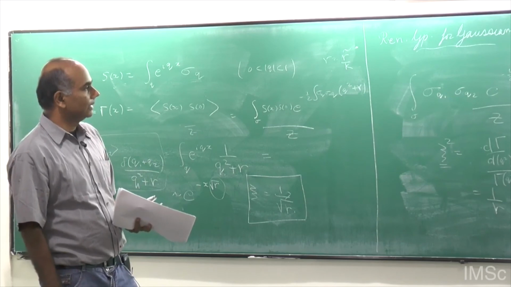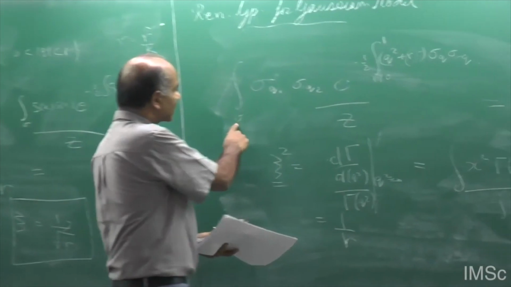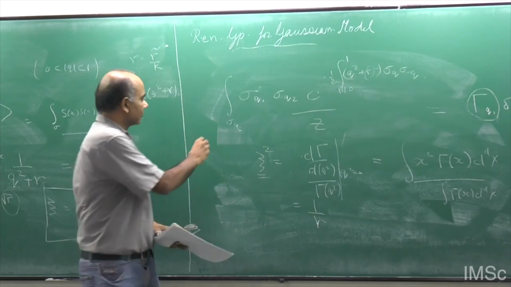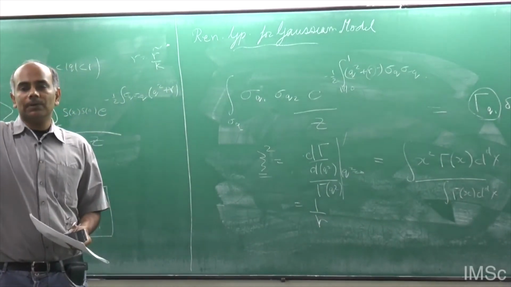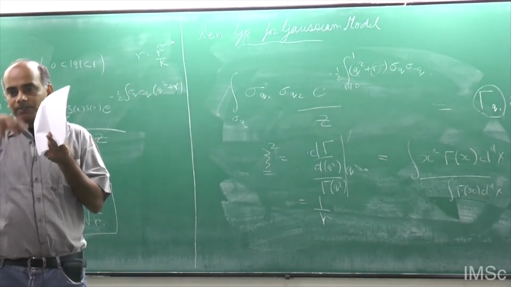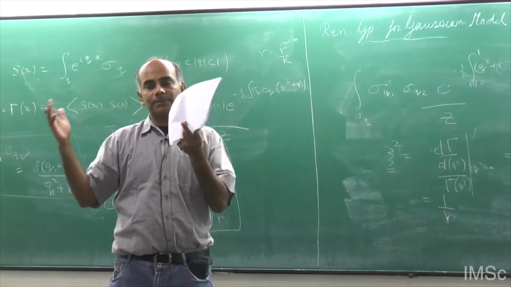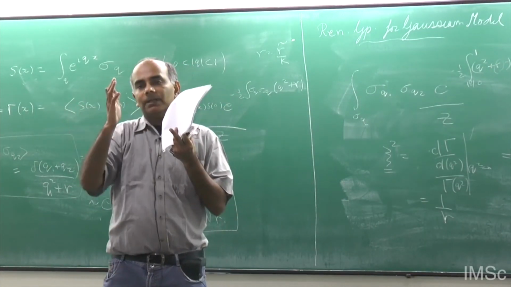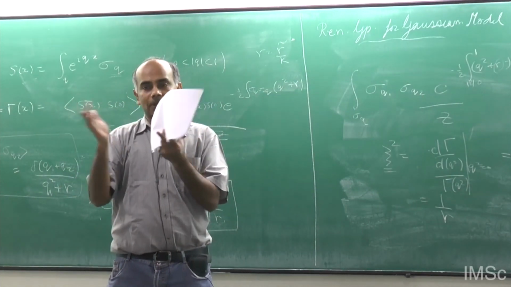Step 1, what is step 1? Here you're doing a functional integral over all the sigma q's, where q ranges from 0 to 1. The sigma with q greater than half correspond to wavelengths which are smaller than your new lattice spacing. Your new lattice spacing is 2 times the old lattice spacing, so the higher half of the momenta correspond to wavelengths smaller than your lattice spacing.